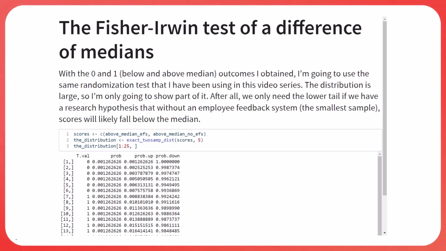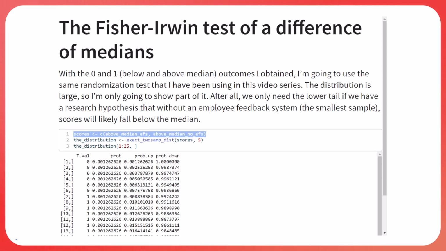I am going to use the same randomization test procedures that I used in the first 3 videos in this series. We will use 0 and 1 for below and above the median. Notice that I'm doing the same thing I did in all the other videos in this series. I'm creating a list of the combined scores.